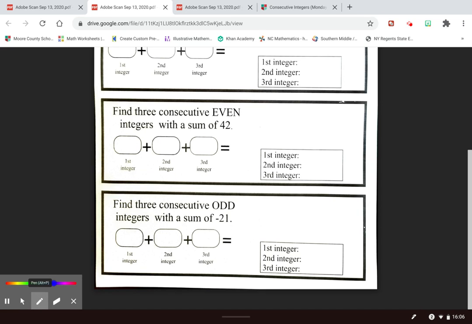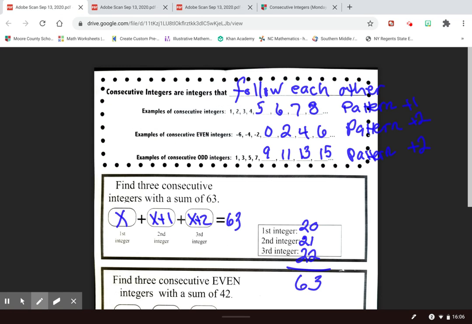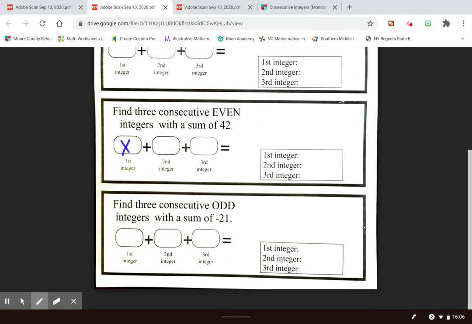All right, so same thing, my first integer, I'm going to let be represented by x. Now for my second integer, all right, let's go back and look at what our counting pattern is. Our counting pattern is plus 2. Okay, and what you need to think about is if we drew a number line over here, and here's 0 on my number line, which is an even integer. 1 is odd. 2 is the next even integer.